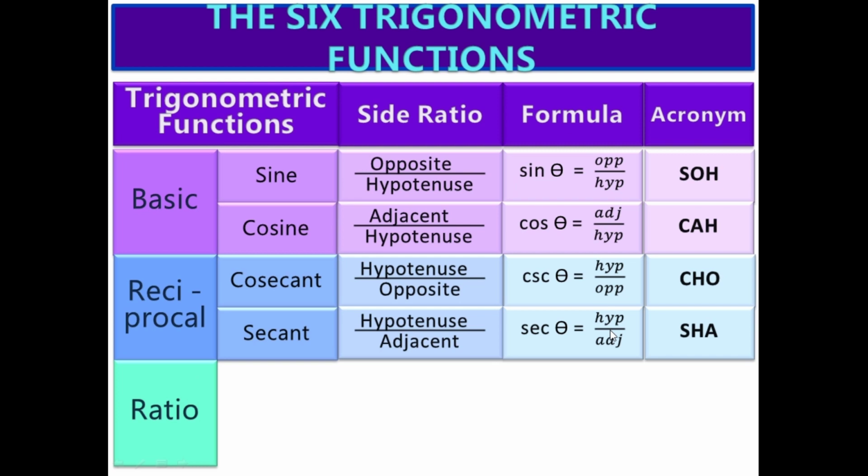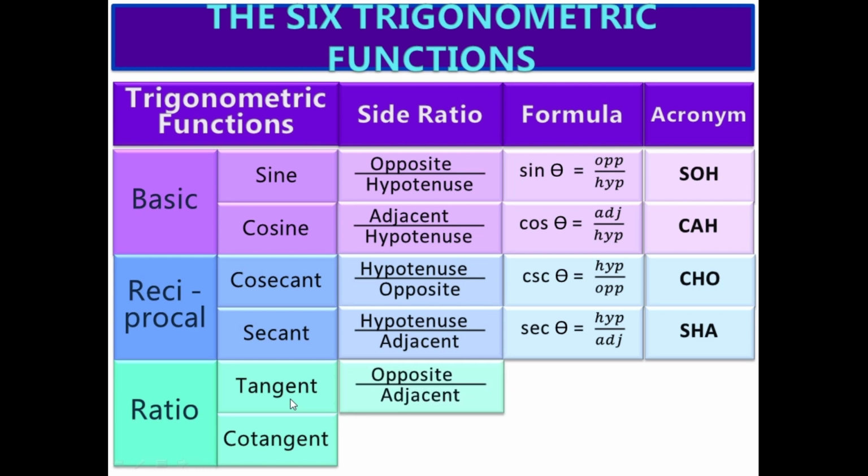And the ratio trigonometric functions are tangent and the cotangent. Tangent is equal to opposite over adjacent. Okay, or the formula, tangent theta is equal to opposite side divided by adjacent side, or to easily remember this is TOA.